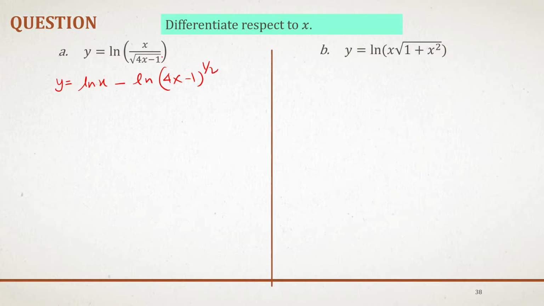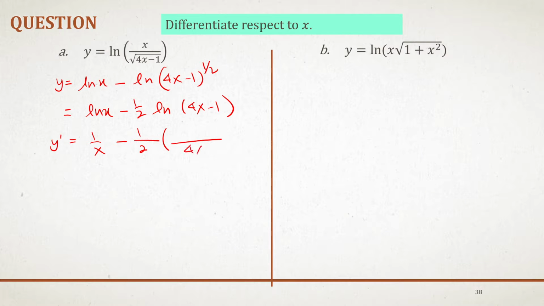Remember, square root actually is a half, so I bring my half in front, so half ln(4x minus 1). So I differentiate 1 over x minus 1 over (4x minus 1), and differentiate 4x minus 1 is 4, so I cancel. So finally it's 1 over x minus 1 over (4x minus 1). Settle.